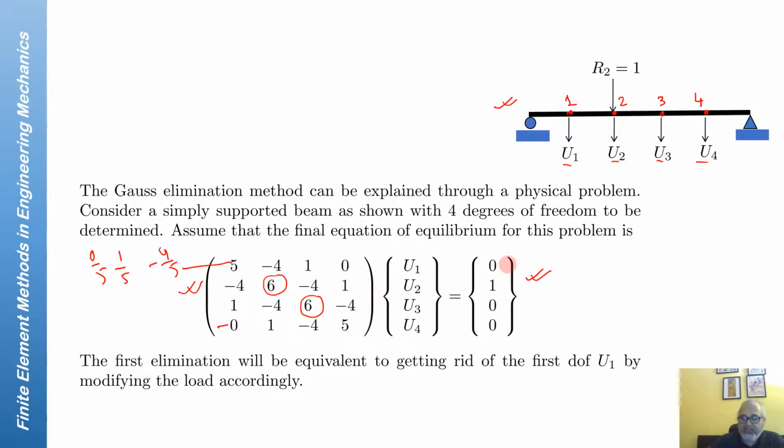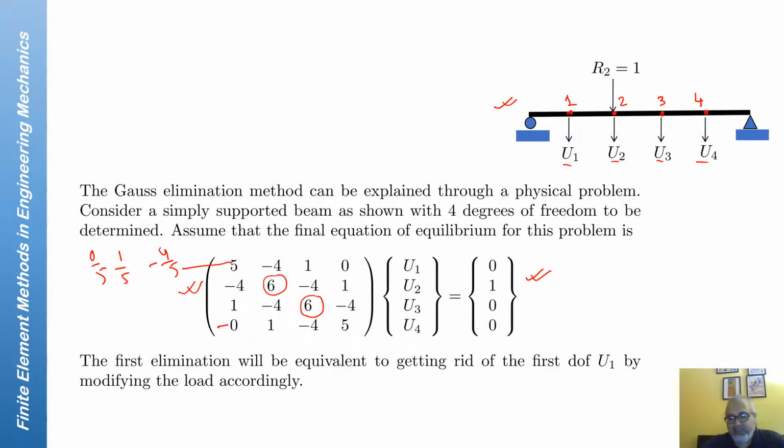In the whole process, your right hand side will also keep on changing, and when you do the first row, it's the first elimination step. What it does is it turns these 3 into 0 and therefore eliminates u1 from your system of equations, and it also modifies the right hand side. In this case, obviously the right hand side doesn't get modified because this is 0, but that's only by chance.